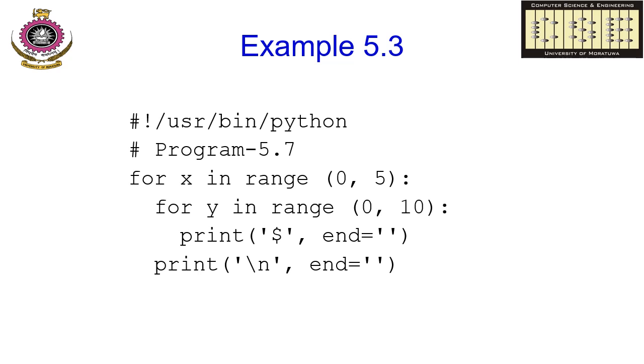It defines a range from 0 to 10 because we need 10 items per each row. 0 to 10, that means including 0, it will go up to 9, which has 10 elements. 10 is not included, but in the sequence you will have 10 elements.